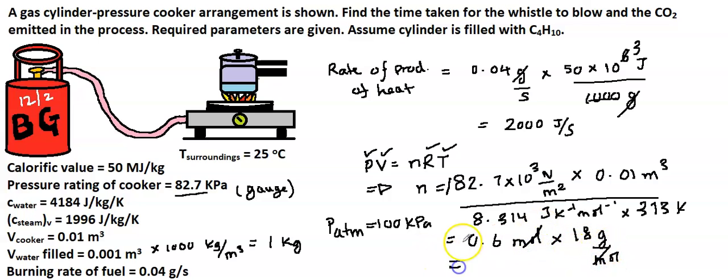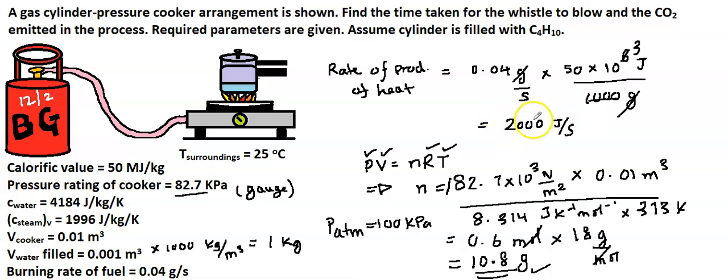So 0.6 into 18, that is 10.8 grams. So I need 10.8 grams of steam at a temperature of 373 Kelvin to make the pressure, to make the whistle blow, right? Okay, so this is definitely going to be useful.